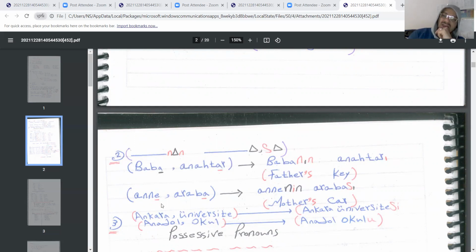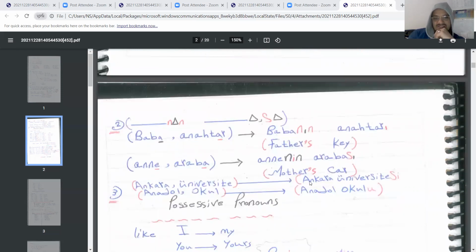How can I say mother's car? Mother's car will be annenin arabası. Why did I put here n delta n instead of delta n? Because at the end of the first noun we have a vowel letter, ince, or we can say a light vowel letter.